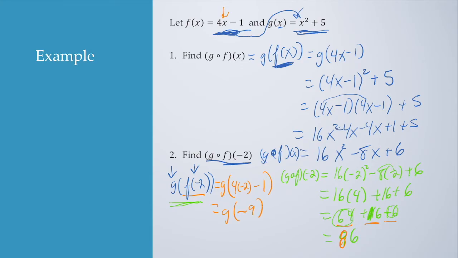So now I have g of negative 9. I'm going to substitute negative 9 into g of x. So I've got negative 9 squared plus 5, which is 81 plus 5, which is 86. But as you can see, right, we got the same answer no matter which way we did it.